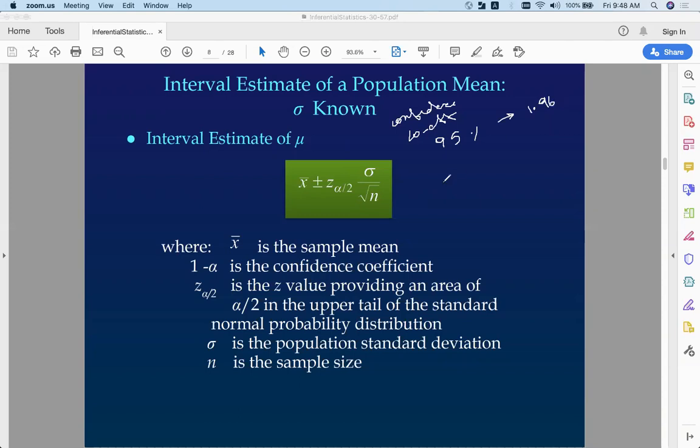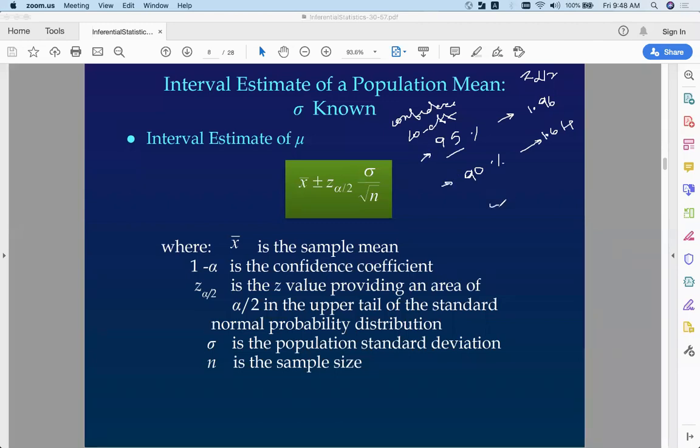Most of the questions will ask you 95. Sometimes they will also ask you 90%. Then you can remember these two values, which is 1.645. What are these values? These values are Z alpha by 2. And these are your confidence coefficients.